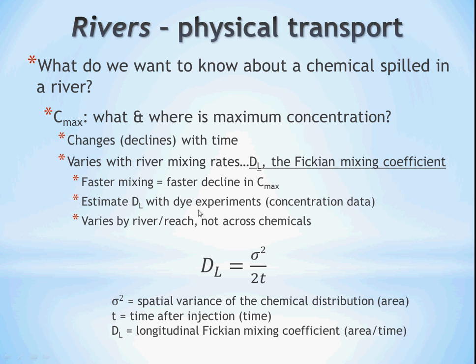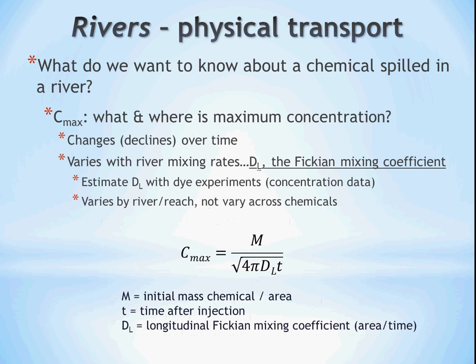Okay, and here is the equation for that. It says DL equals the spatial variance, which is the standard deviation squared, over 2 times the time after that pollutant was added to the stream or river. And I'll give you an example of this in a different video.